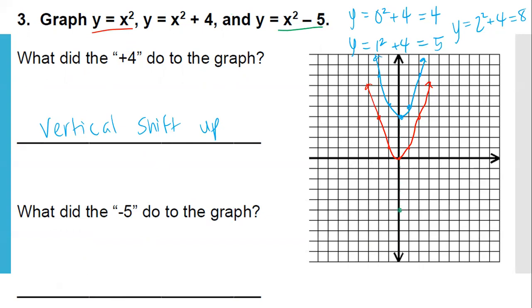You're here now. 1, 2, 3, 4, 5. You're here. You're here. And you are here. And so we have a vertical shift down.